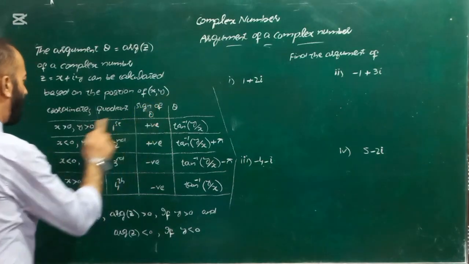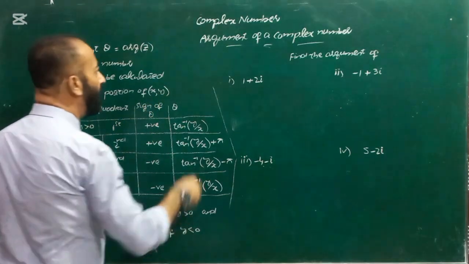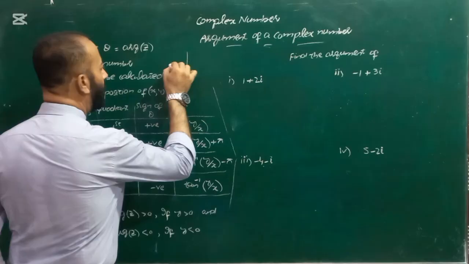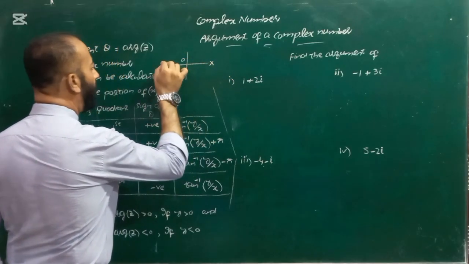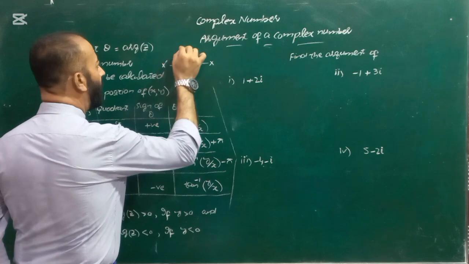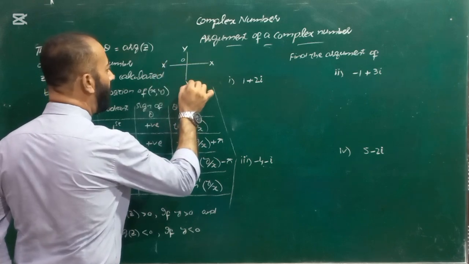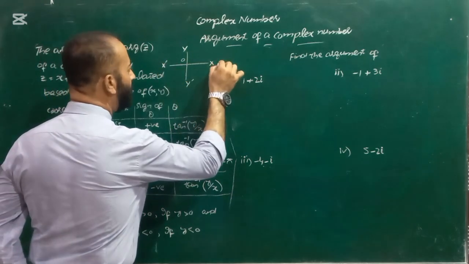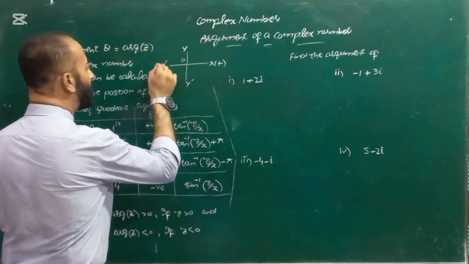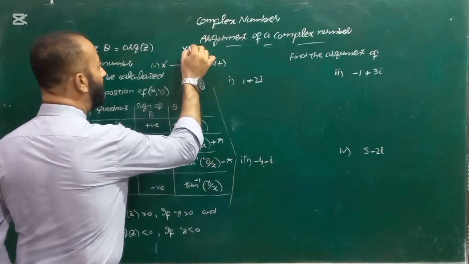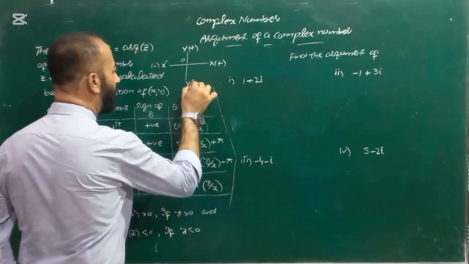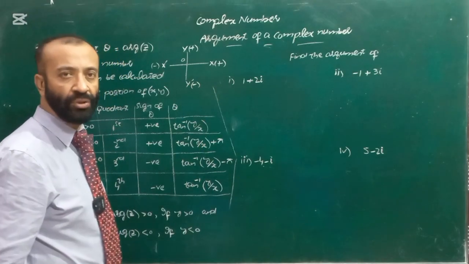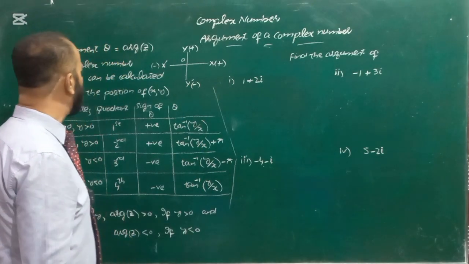Look here, this is the x axis and here the y axis. So y is positive here, x is positive here, x is negative here, y is positive here, and y is negative here. These are the very basic concepts which you have learned in your junior classes.